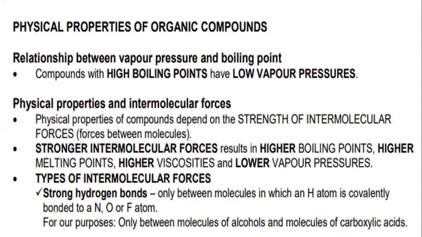Hydrogen bonds, alcohols, carboxylic acids. So all the other homologous series that I did not mention right now, which are your haloalkanes, your aldehydes, your ketones, your esters, and so on, you will get dipole-dipole forces.